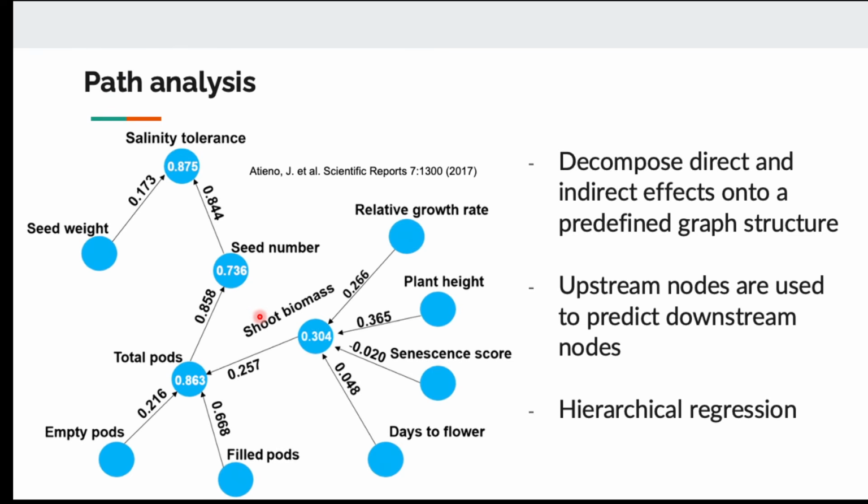So in this case, we are going to draw a path, a network that point from upstream parameters, like the aspect of the plant. In this case, we have the plant with different growth rate, the plant with different height, the plant with different days to flowering. These are the aspects of that species. From those aspects, we can determine the biomass of the plant, how fast they grow, determine how much biomass is produced over time.